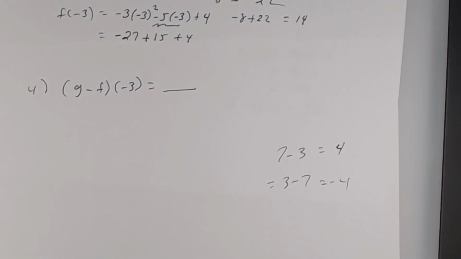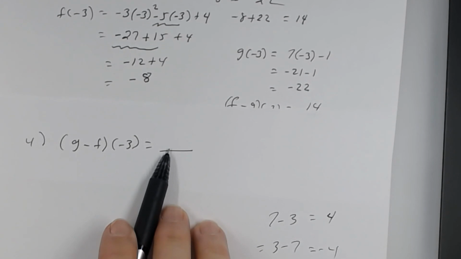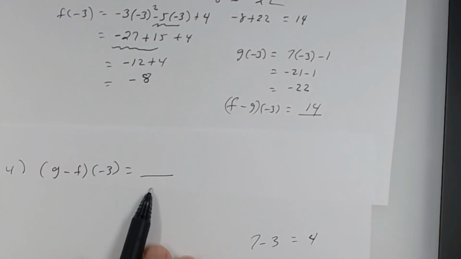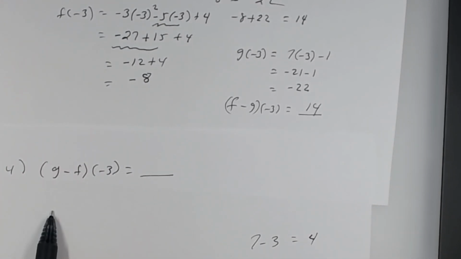The only two arithmetic operations that are commutative, remember, are addition and what's the other one? Multiplication. Very good. 2 times 3 is the same as 3 times 2. So that's not going to be 14, right? So you actually have to do the work.